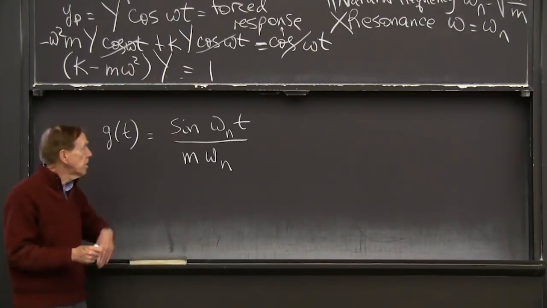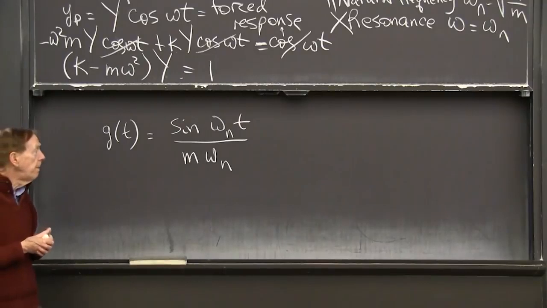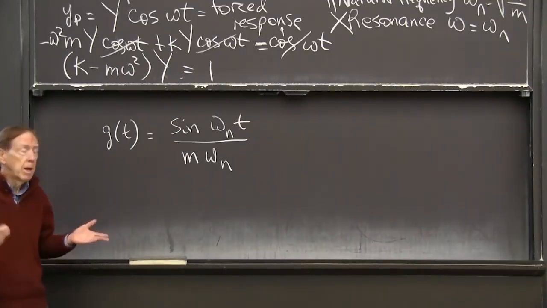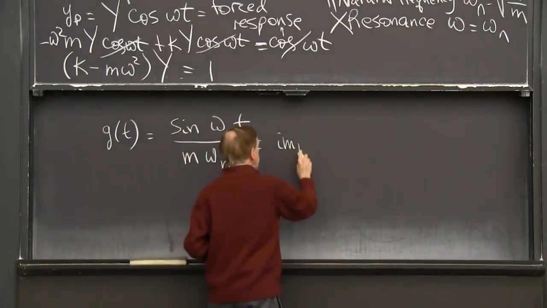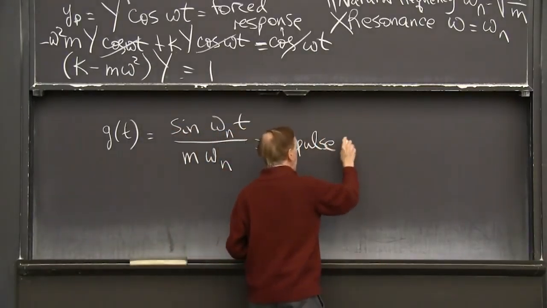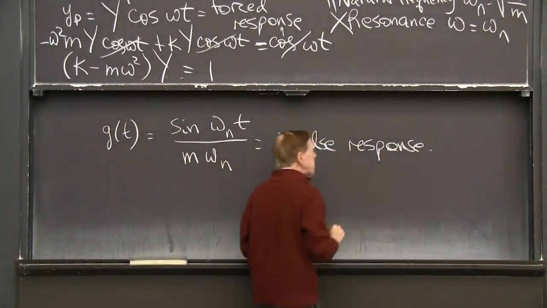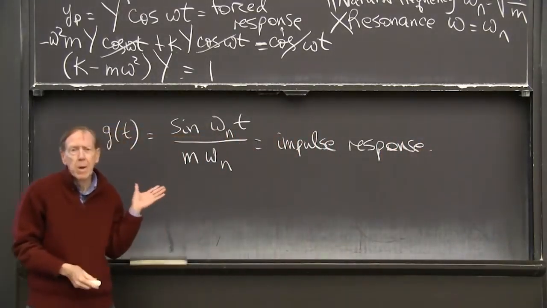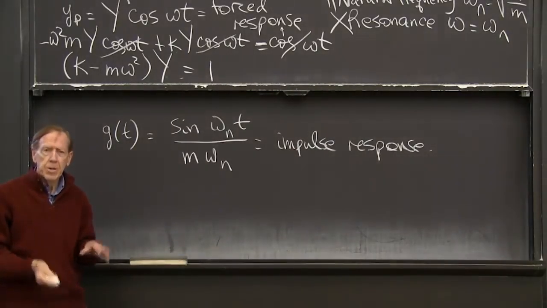So the spring starts out, has an initial velocity of 1 over m, and then after that, nothing happens. So that is the impulse response. The response to an impulse. And why do I like that? First of all, it's beautiful. Simple answer.